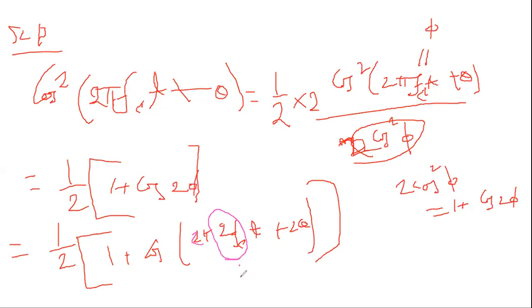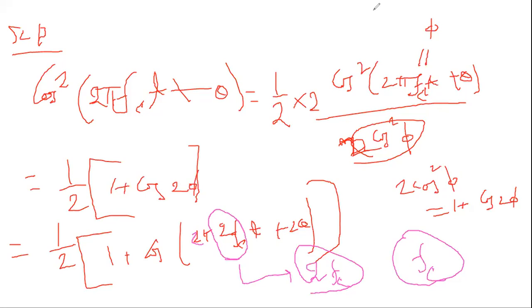That means the frequency is doubled, isn't it? 2 fc has come, but at the transmitter it was fc. But what happened in the receiver? It gets doubled because of squaring the signal. Is there any doubt? So the frequency gets doubled. We got double the frequency.